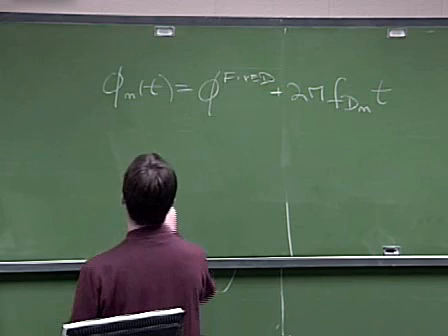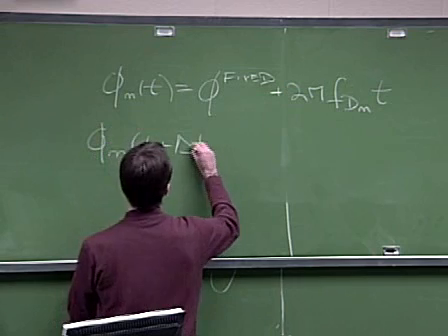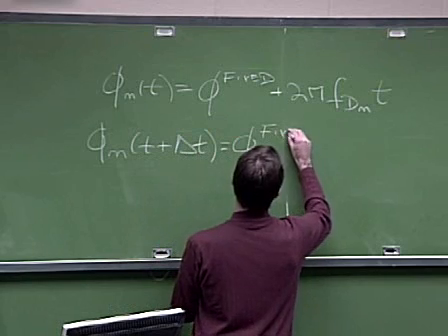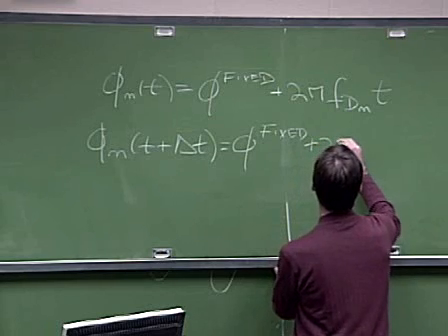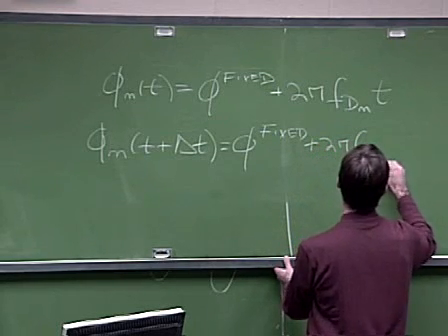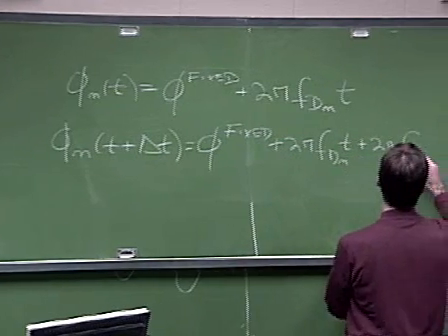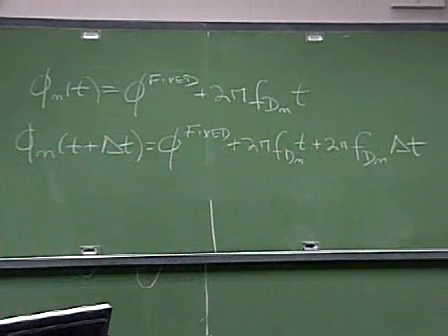And we had also phi n of t plus delta t is equal to the same fixed plus 2 pi Doppler times t plus delta t. Okay, so we have something like this. Phi of t, phi n of t, and phi n of t plus delta t.